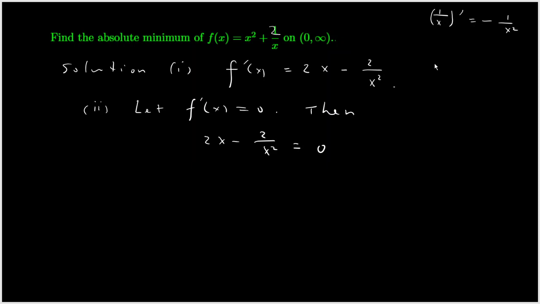So the equation is equivalent to x minus 1 over x squared is equal to 0. To solve the equation, the way is different from before. I'm going to show you. I believe you can remember this. This equation is equivalent to x equals 1 over x squared.